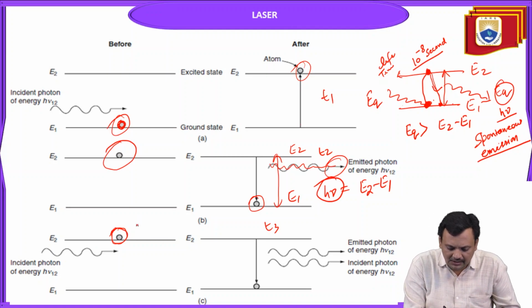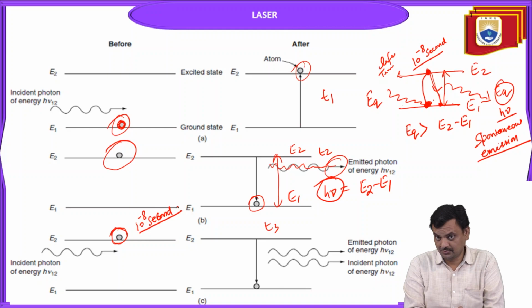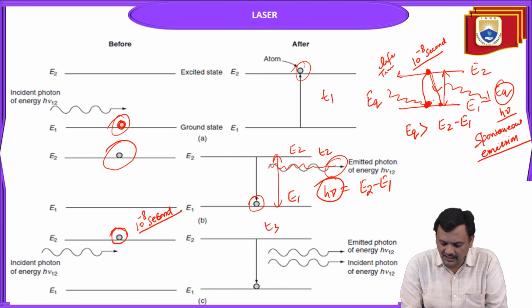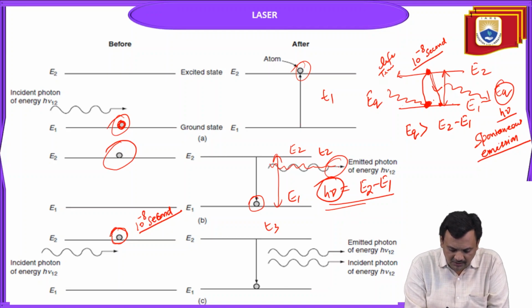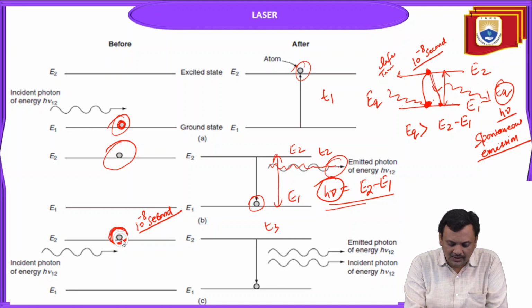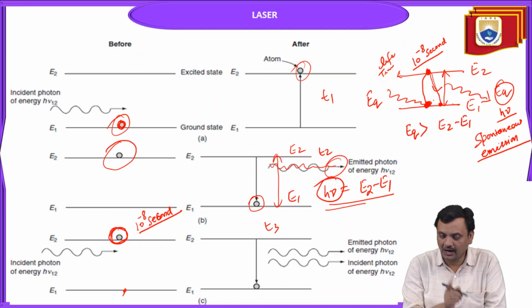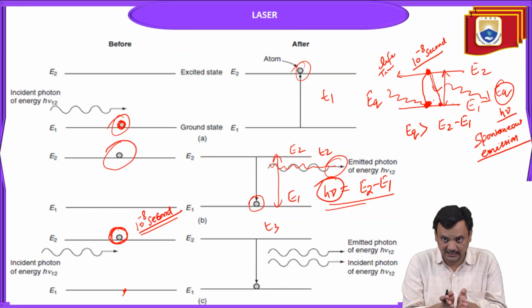For this electron, the period of 10 to the power minus 8 second has not yet elapsed. After that, it will automatically decay. But before 10 to the power minus 8 second, if this emitted photon h nu, generated by spontaneous emission, hits this excited atom or electron, this electron will decay to its ground state.